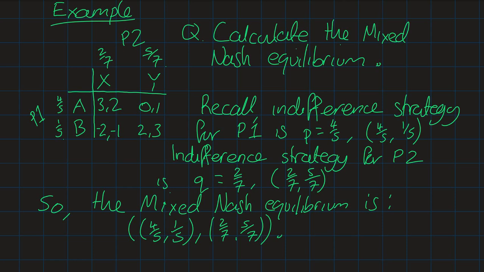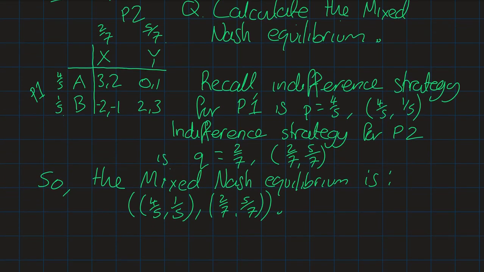I'm sorry, this is the mixed Nash equilibrium, and the way it's encoded is P, 1 minus P, Q, 1 minus Q. That's what these numbers correspond to.